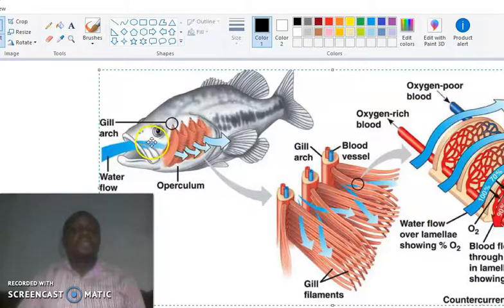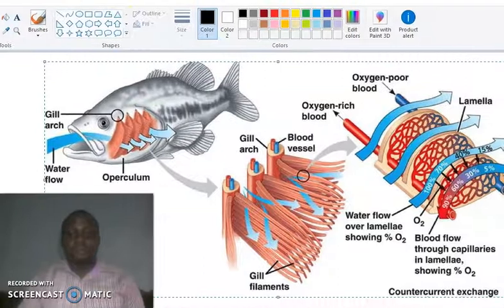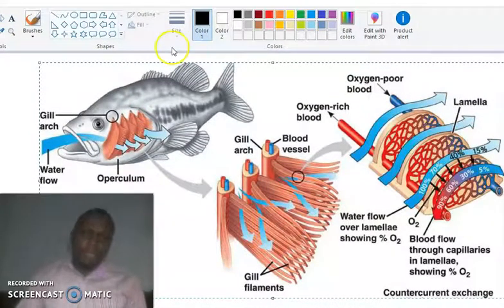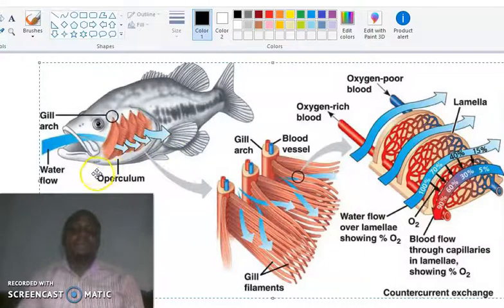So, as water passes through the gill chamber, gaseous exchange occurs, as you can see here. Good. So, what happens during exhalation? The following events occur. The fish closes its mouth and the floor of the mouth rises. Therefore, the volume of the mouth reduces but pressure increases.